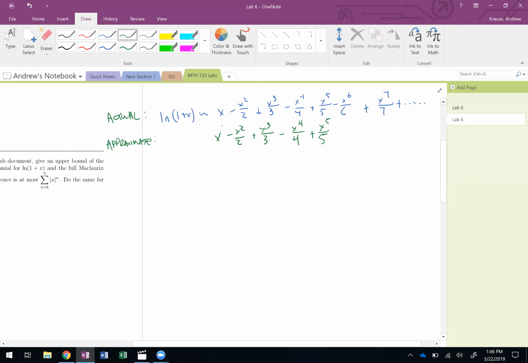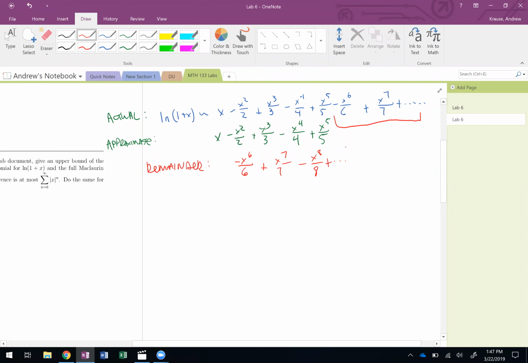If we use this, you can see that the terms we are leaving out are all of these terms from x to the sixth and onwards. So in other words, a remainder is negative x to the sixth over 6 plus x to the seventh over 7 minus x to the eighth over 8, and so on and so on.